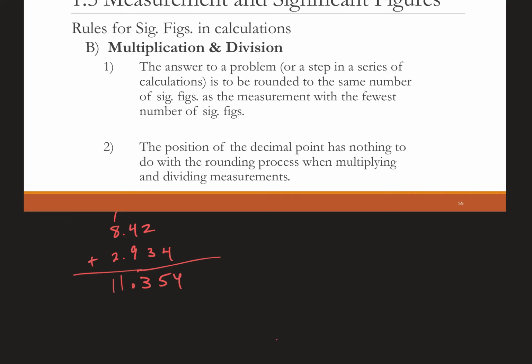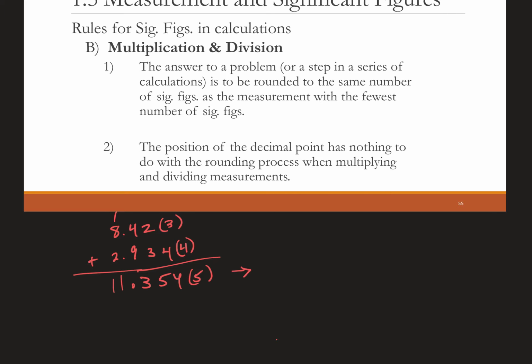That adds up to 11.354. We go from 3 significant figures and 4 significant figures in the numbers shown to what has 5.